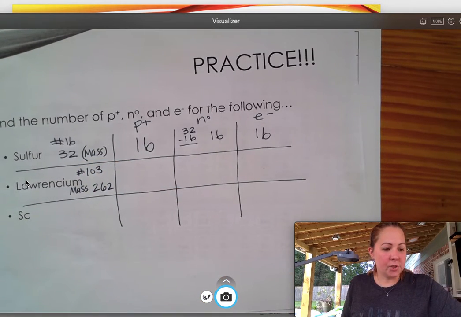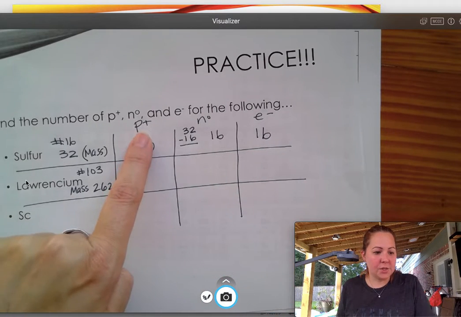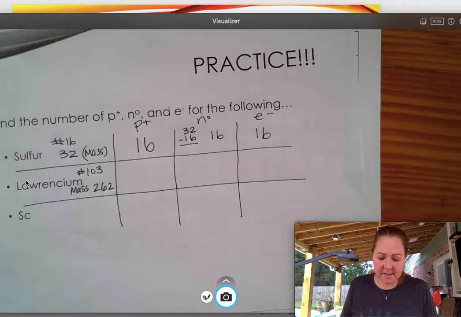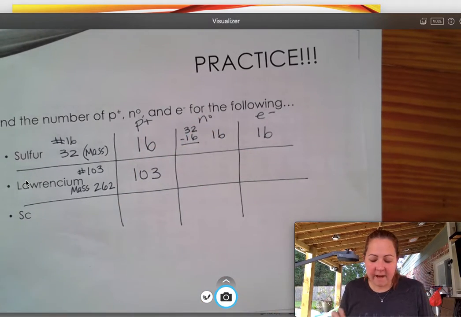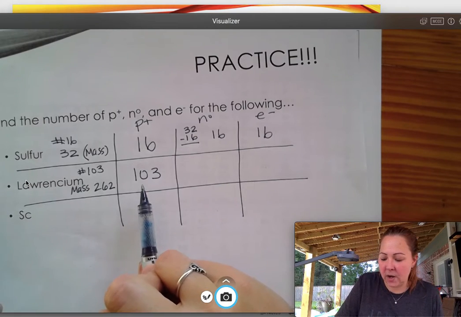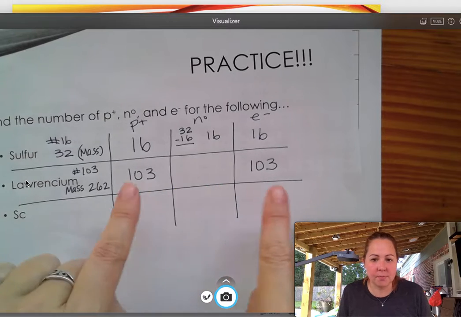So what we're going to do here is look at your number of protons, which is the atomic number on the periodic table. So I have 103 protons. If I have 103 protons, we also have 103 electrons because those two have to cancel each other out.